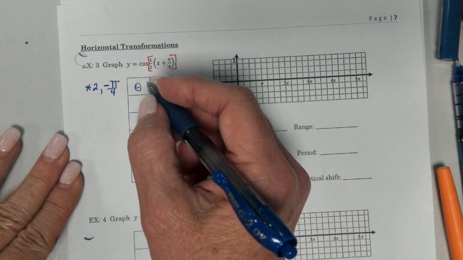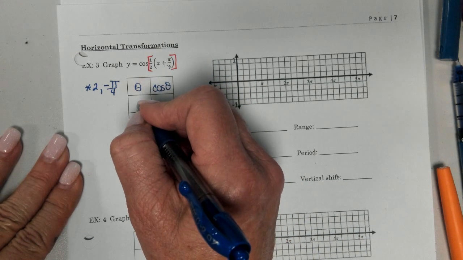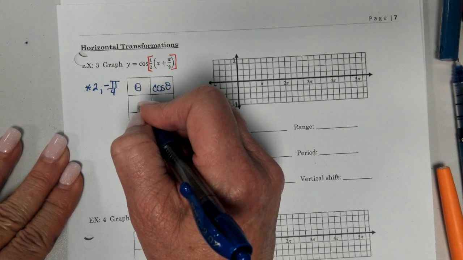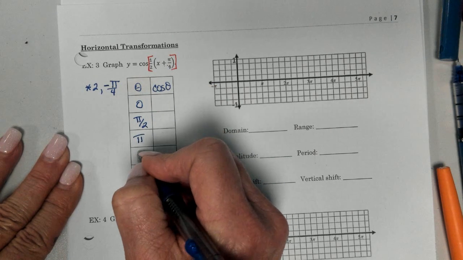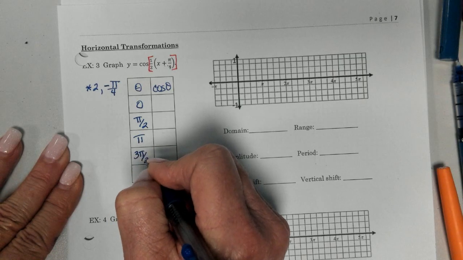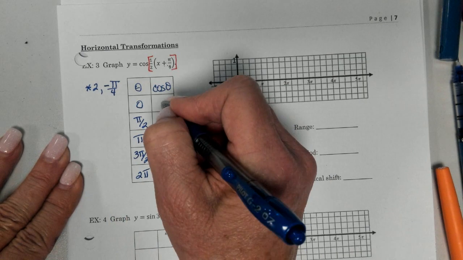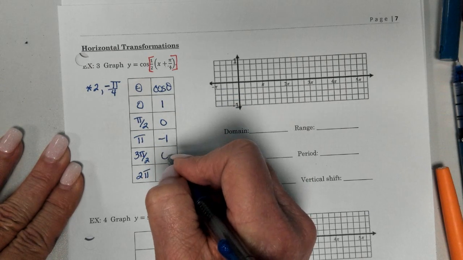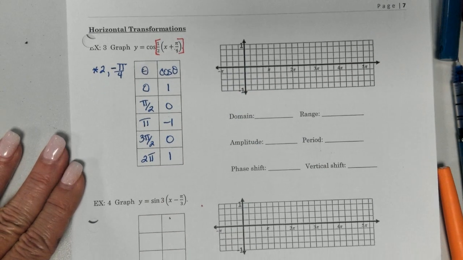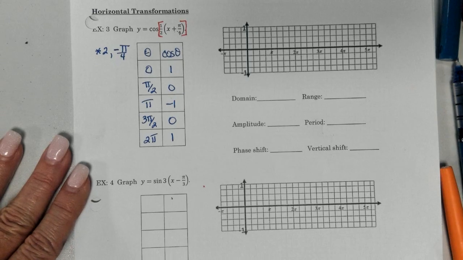Let's go ahead and fill it in. We've got our 5 critical points: 0, pi over 2, pi, 3 pi over 2, 2 pi, and our output 1, 0, -1, 0, and 1. Get those 5 key points going.